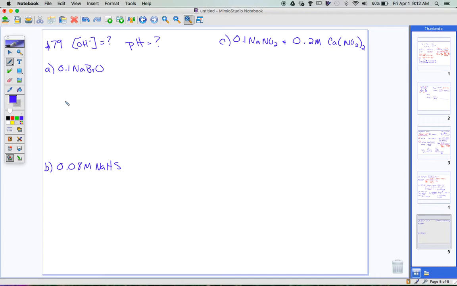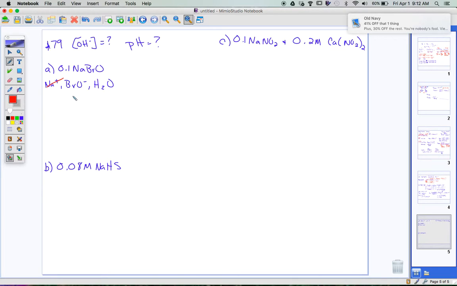Okay, all right, let's look at the first one. The first one's not too bad. What's in solution? Na plus, BrO minus, and water. We know by now that the Na plus is not going to affect the concentration.